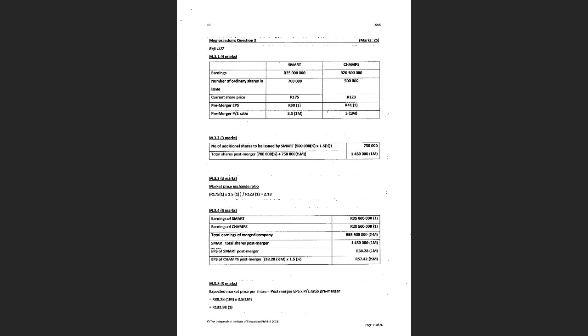And again, that's a method mark because you must have taken the PE ratio that you calculated in 3.1 for Smart correctly. You will get those 2 marks. There's an extra bonus mark here for those students that got 3.1 and 3.3 correct, and then got everything correct. That's not a mistake. Okay.